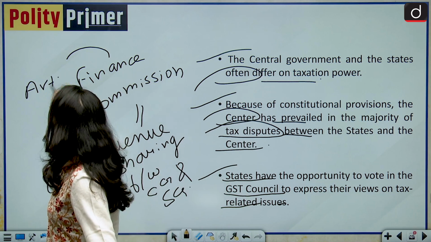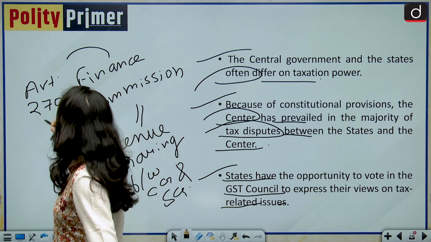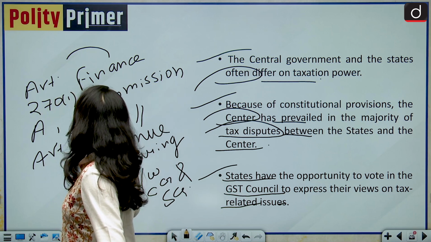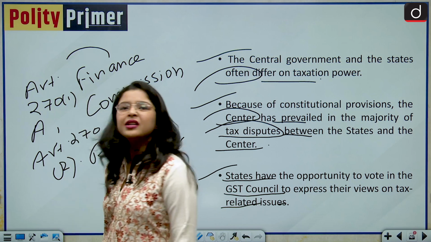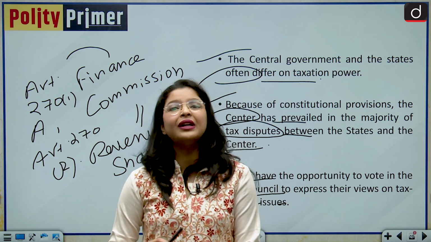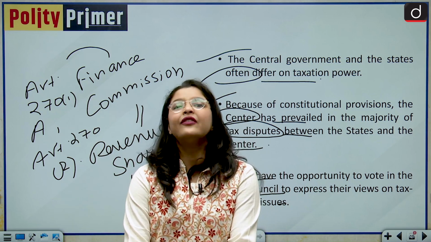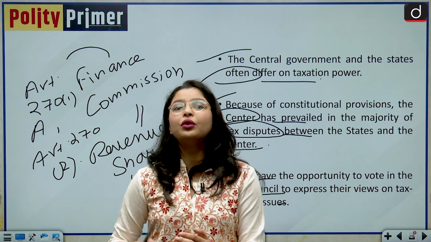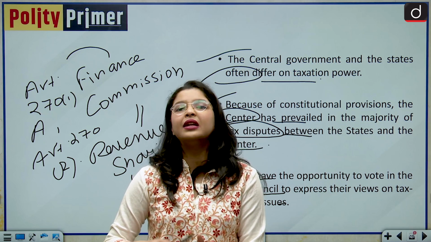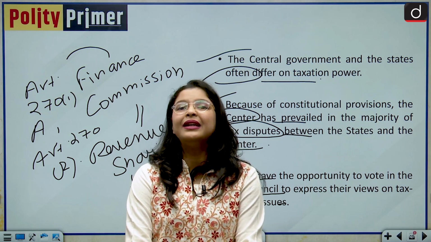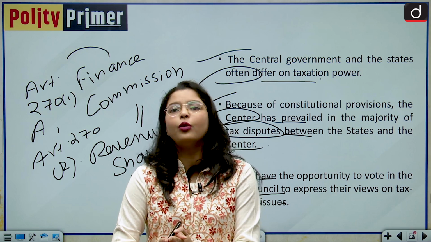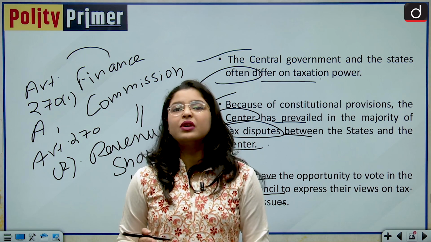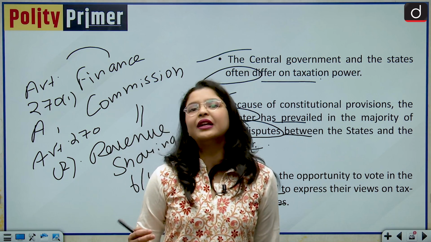For example, Article 270 Clause 1A and Article 270 Clause 2, and that is why the central government has the preference over tax disputes and revenue sharing power, because ultimately this revenue sharing power is not decided by the GST Council, it is decided by the Finance Commission and the Parliament, and the central government and the state governments often differ with each other on tax related issues. So these were some of the challenges of the cooperative federalism.